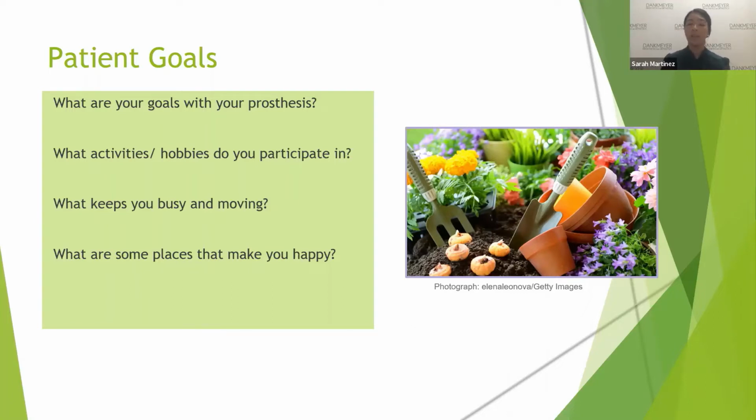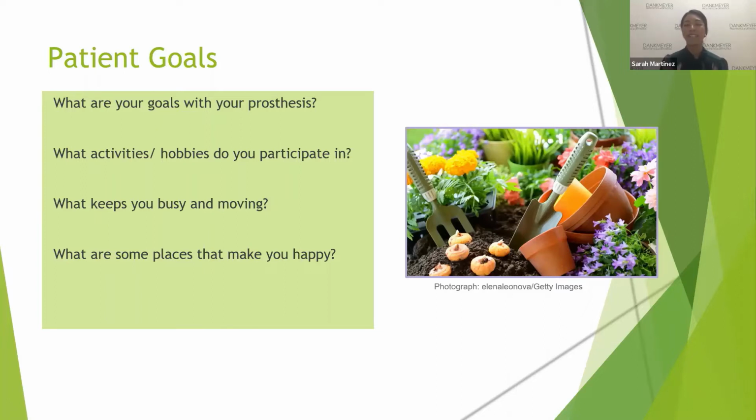So then we follow up with what activities, hobbies do you participate in? And what keeps you busy and moving? And lastly, this question is a little bit out there, and I haven't asked this to a patient, but in my thought process of what else can I ask? What else can I include here? I thought to put in, what are some places that make you happy? So the patient could respond gardening or being at the park.